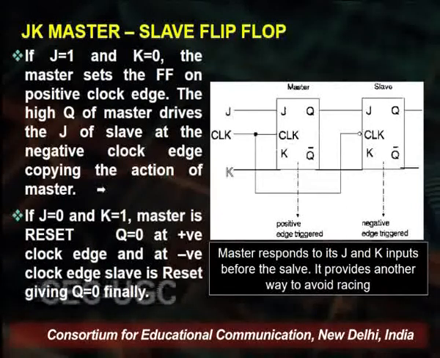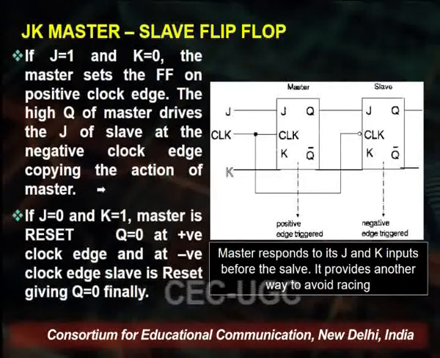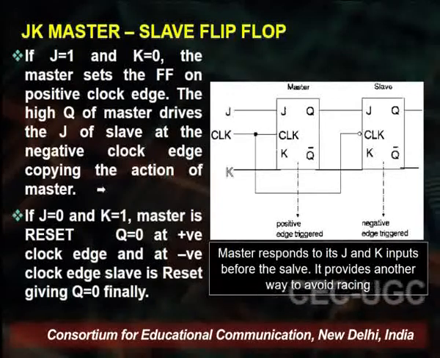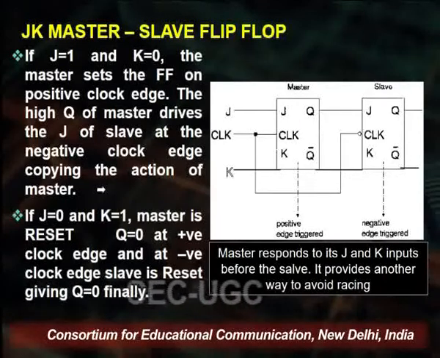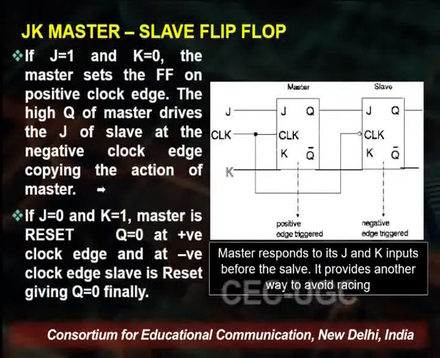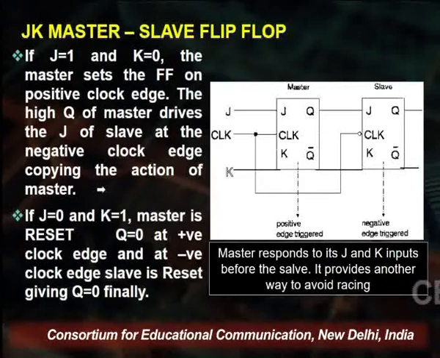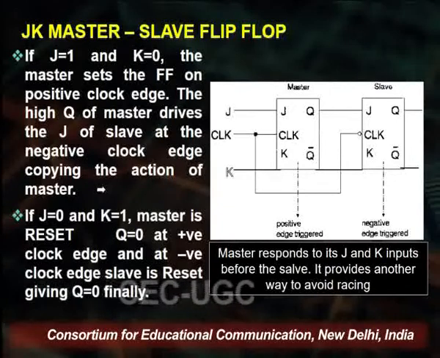Whereas if we are using level triggering, then we have to break up the JK flip-flop. By breaking up, I mean that we have to use the master-slave configuration. That is, instead of using one JK flip-flop, we'll be using two JK flip-flops to process the data. However, both the JK flip-flops would not be used at the same time.